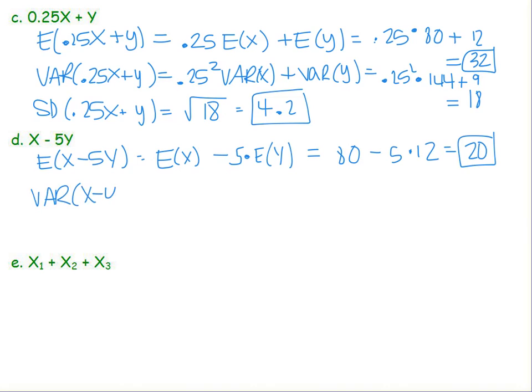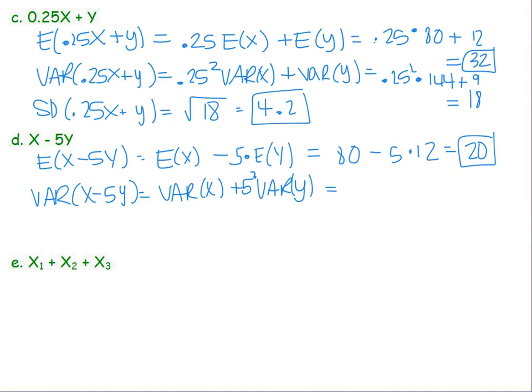Now, variance of x minus 5y. Again, pretend the 5 isn't there. If you remember, with variance and equation 6, variance is always adding. So we're going to do the variance of x plus the variance of y. Then, if we ignore the x and we only focus on the 5y, if you go back to equation 4, we need to insert a little 5 squared before the variance.